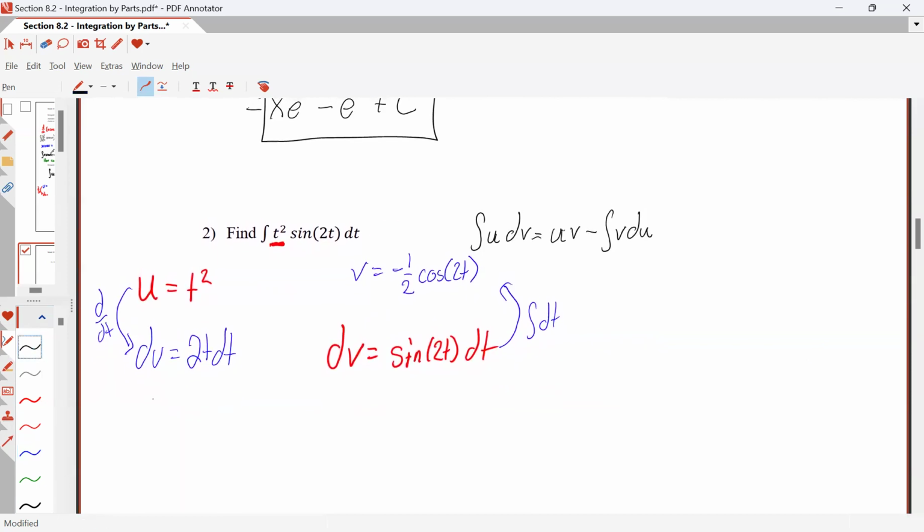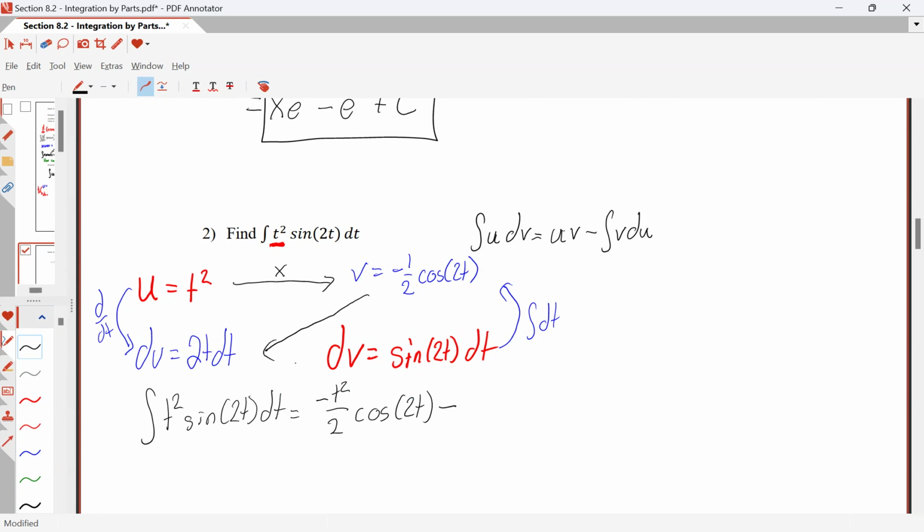Filling in our formula, the integral of t squared sine 2t dt is equal to u times v, t squared times negative 1/2 cosine 2t, so negative t squared over 2 cosine 2t, minus the integral of negative 2t over 2 cosine 2t dt.